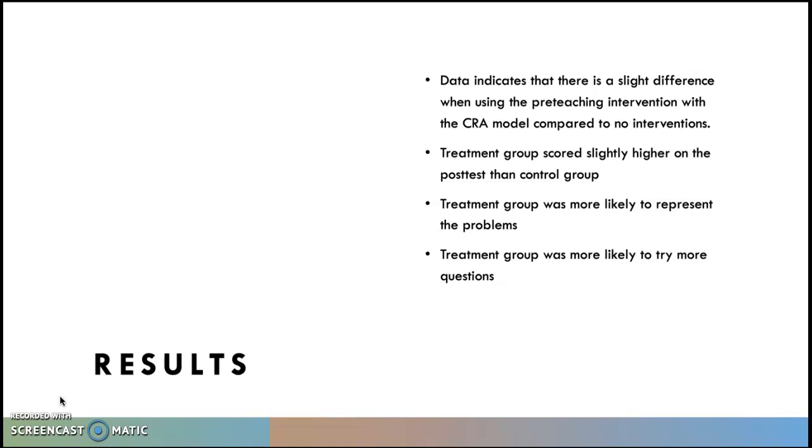And finally, the treatment group was more likely to try more questions because of those pre-teaching strategies that were focused on during intervention time. And this comes from the difference between the general education curriculum and the pre-taught strategies.